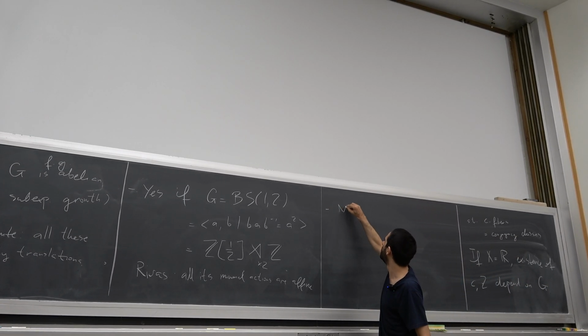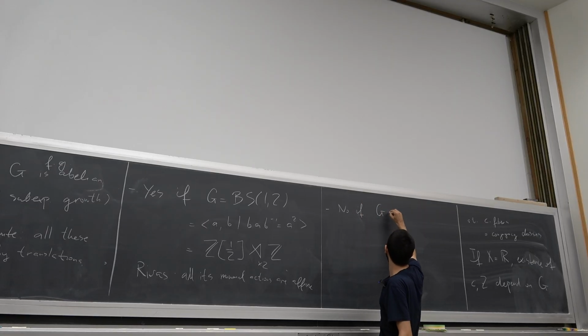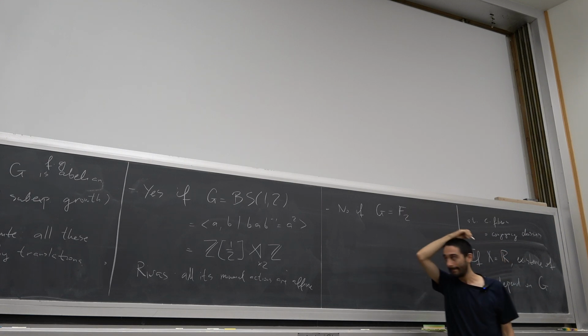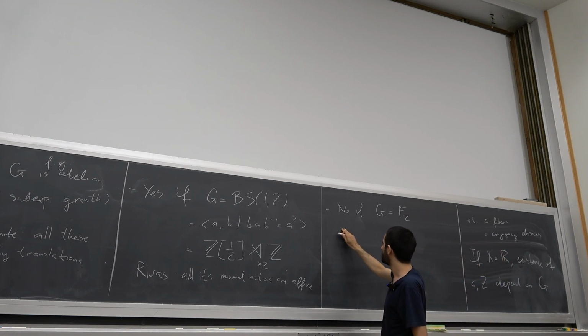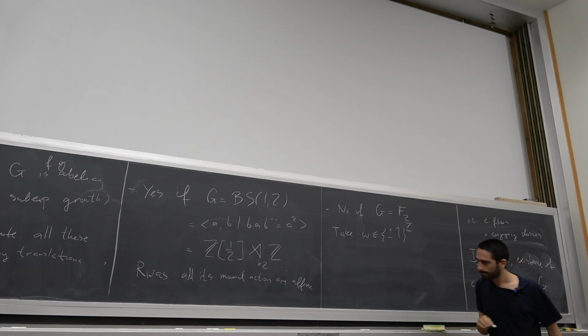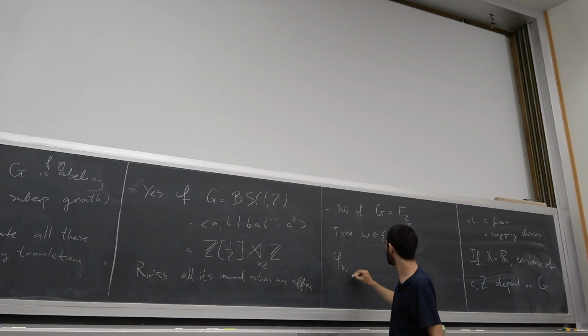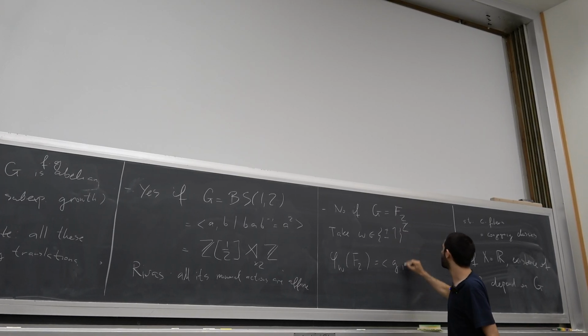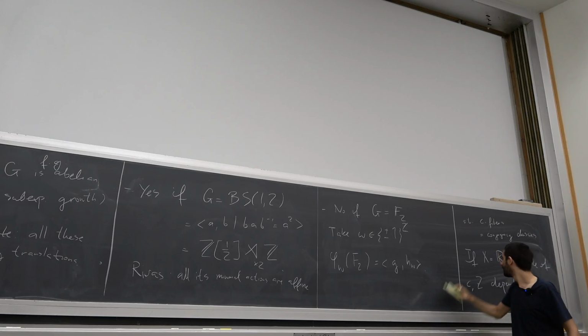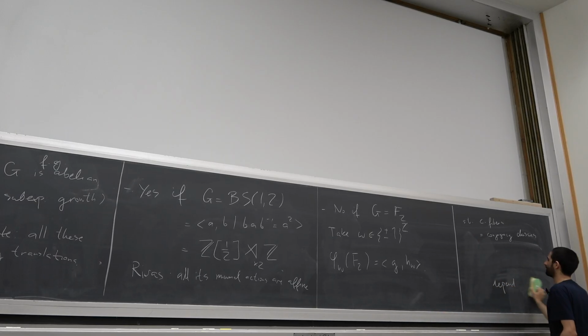Okay. Now if G is F2, I'll give you a construction to see why. Take a bi-infinite word omega of plus minus 1, and I'm going to build an action of F2 generated, determined by two homeomorphisms. These are as follows.